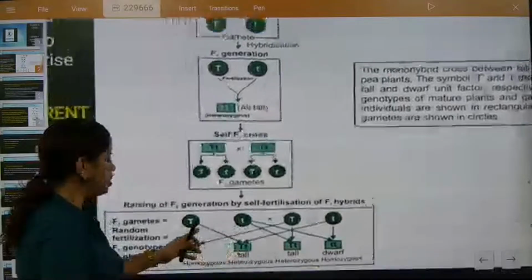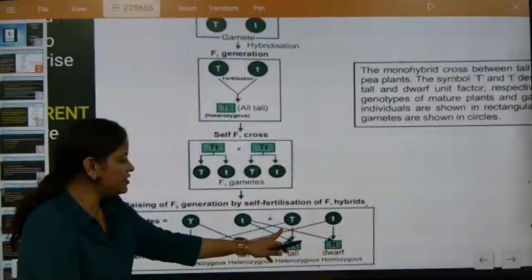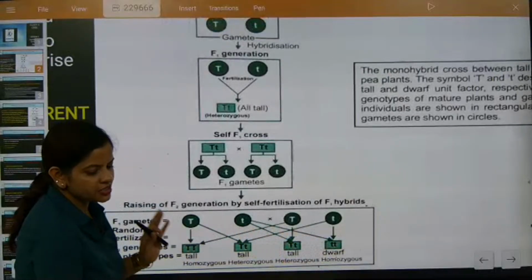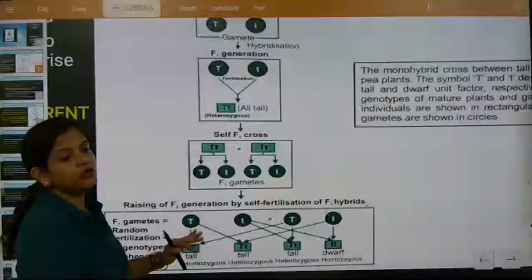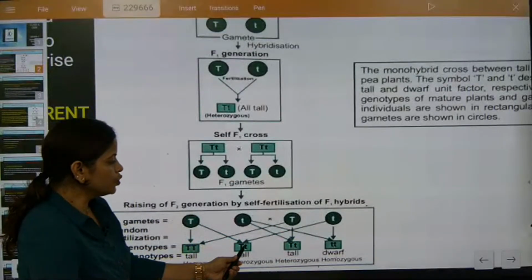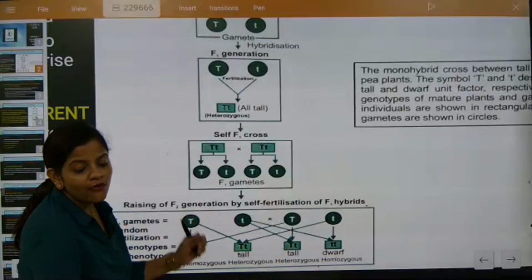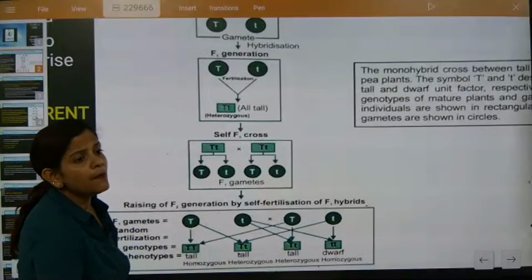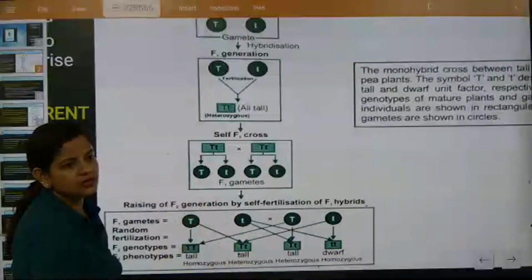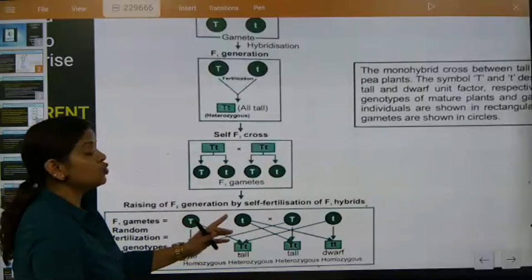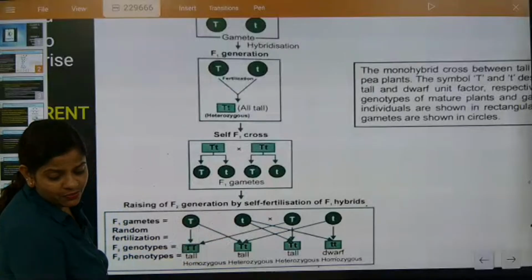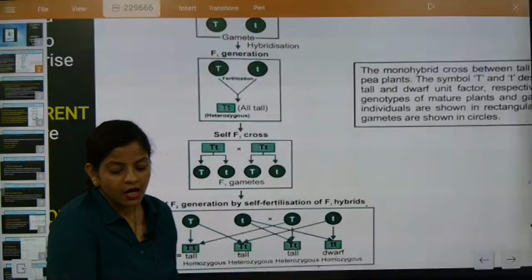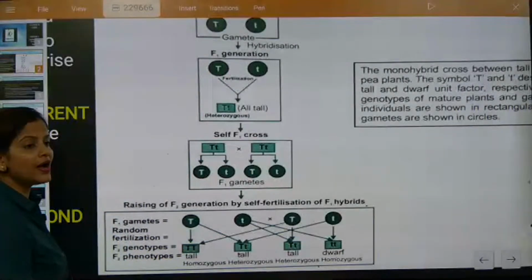This is pure, and this is mixed, and this is mixed. But here, how much tall is coming? 1, 2, 3 tall. So the ratio of tall versus short will come as 3:1. Understood? Pure versus mixed is 1:1.